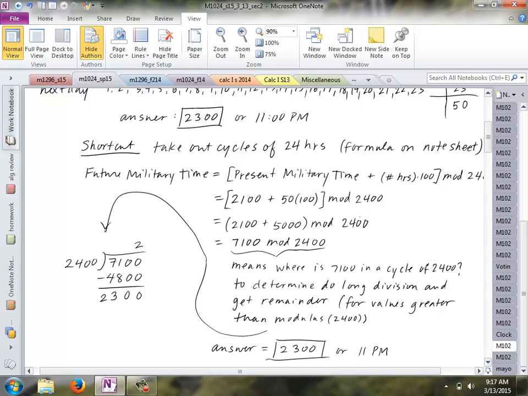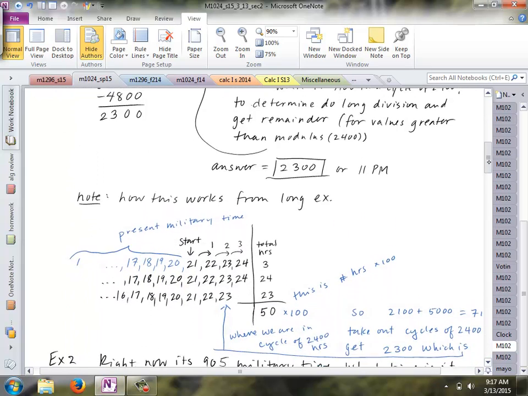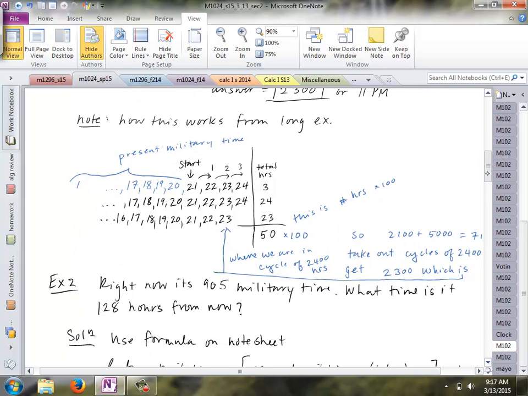So this was a much shorter way to do this. We can do this when many, many cycles of 2400 hours are represented. Just to show how the formula is working: the present military time, in blue, takes all the hours from our starting point, and then we take the total hours we want to add, the 50, put it in the right scale by multiplying by 100, and add those up.